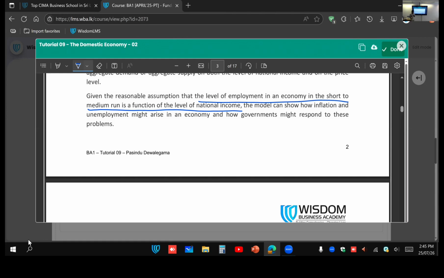Imagine the population is 1 million and only 500,000 are employed. So the national income would be less. So national income is a function of employment. I'll explain. So both are linked very closely. Okay. Next part.